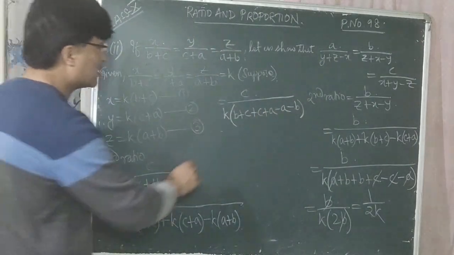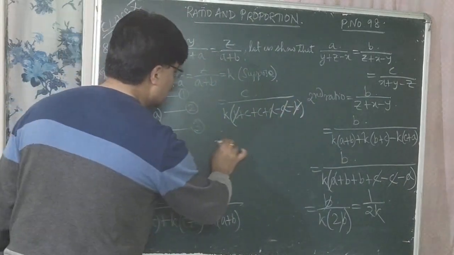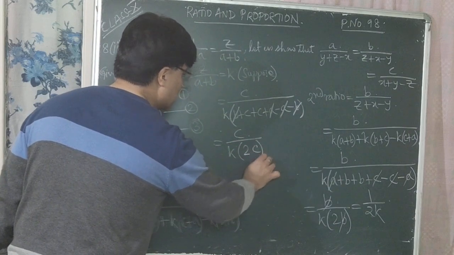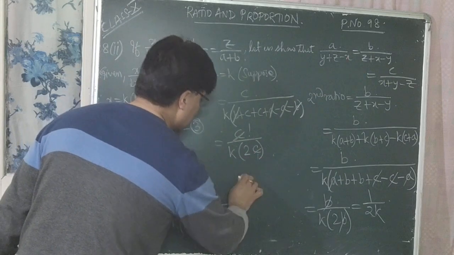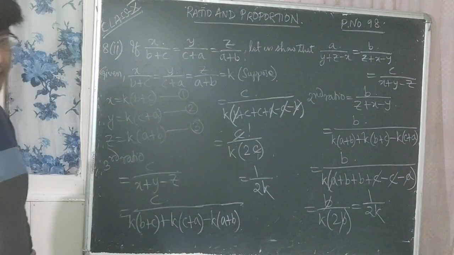So here you can cancel this, plus b minus b, plus a minus a gets cancelled, is equal to c upon k into, what is c plus c? It is 2c. So here c and c cancel, is equal to 1 upon, how much is it? It is 1 upon 2k.